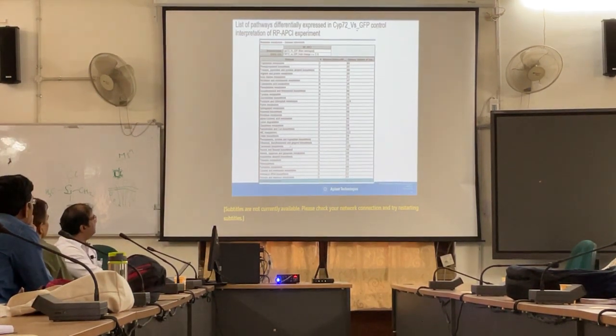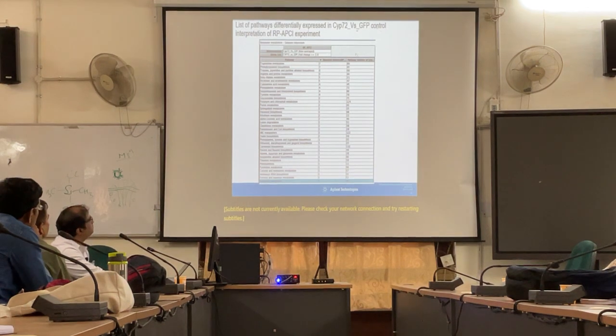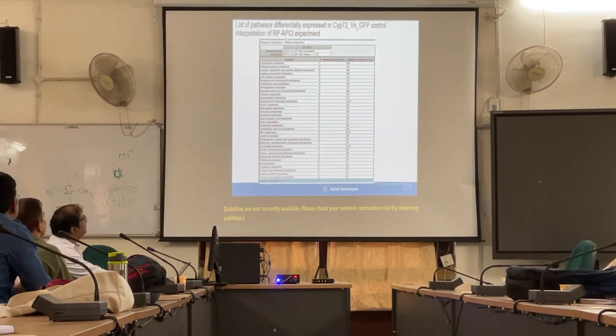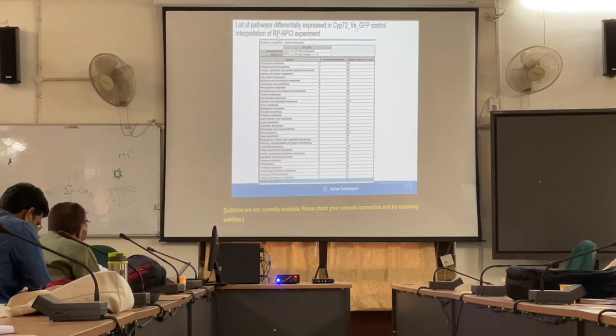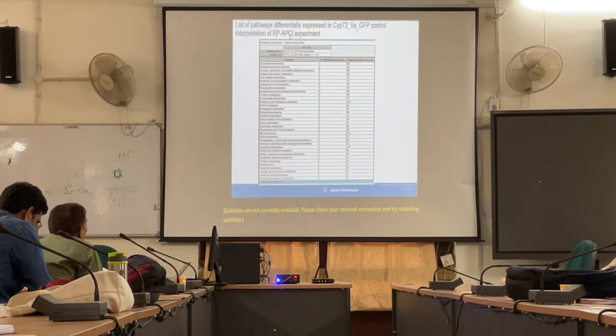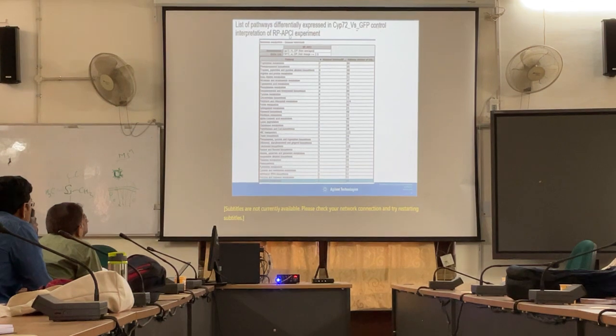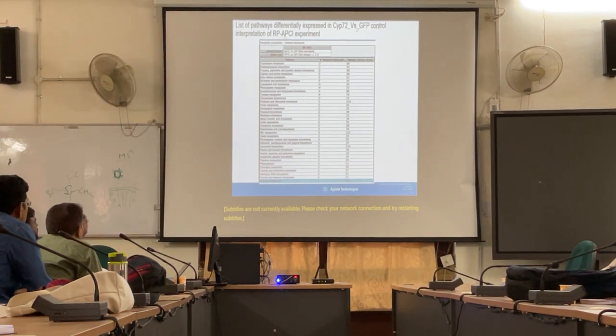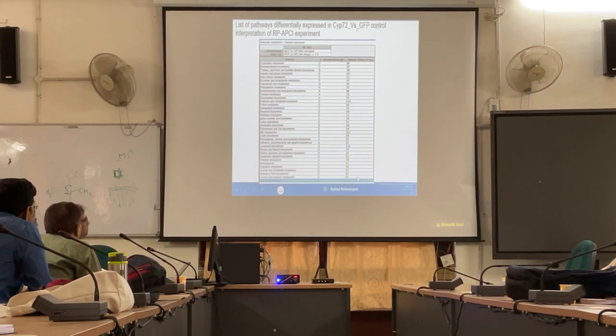Same thing you can see here for some other compounds which were identified using the reverse phase APCI experiment. Now this reverse phase is a chromatography, APCI is the source which we have used. This will be establishing mostly non-polar compounds. So if you see here, these are the different sets of pathways which we are matching.